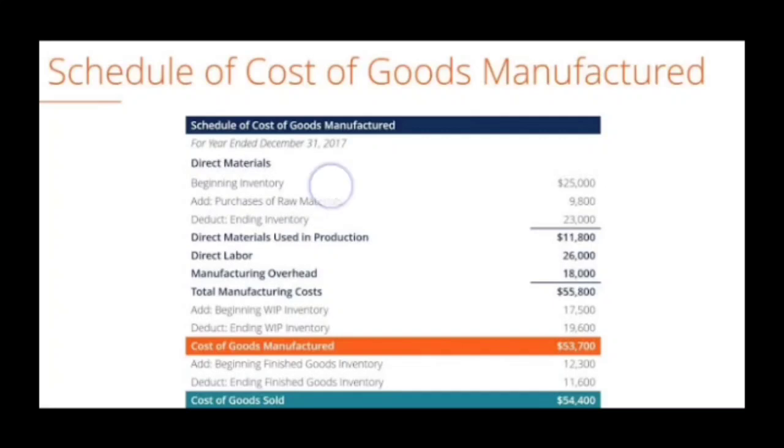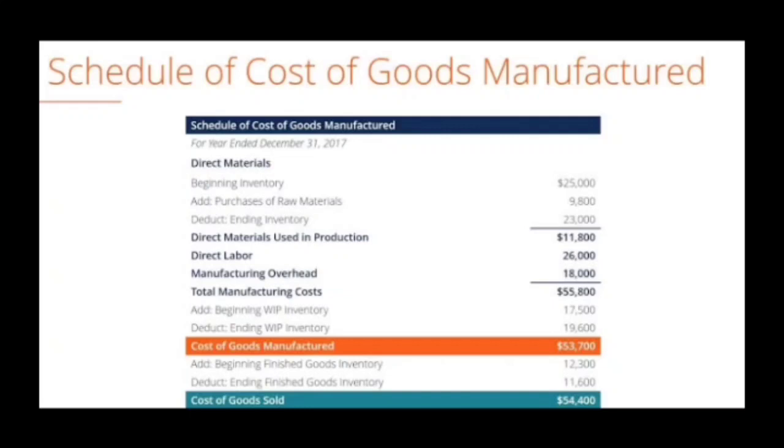Here we have some beginning inventory which was left over from the last period, which is opening material for this period. Then we add the material purchased this period, and by deducting the ending material which is left over and not consumed for production, we get the material used for production.